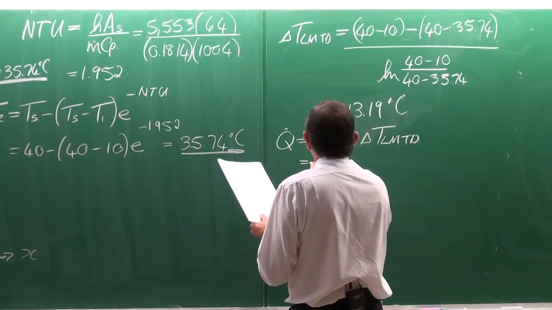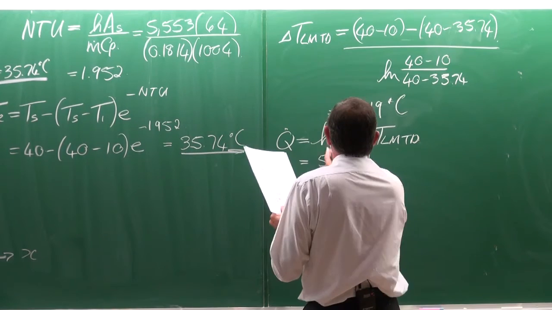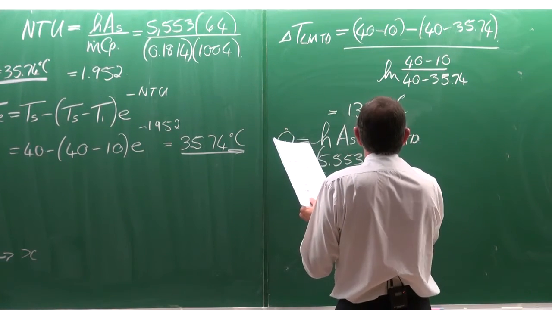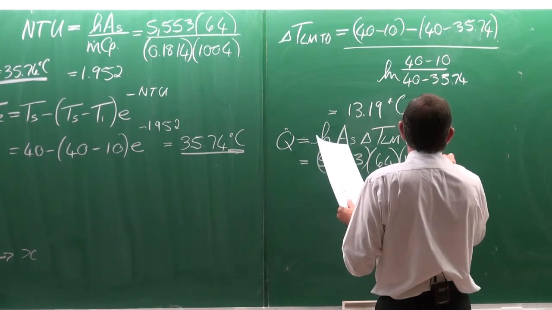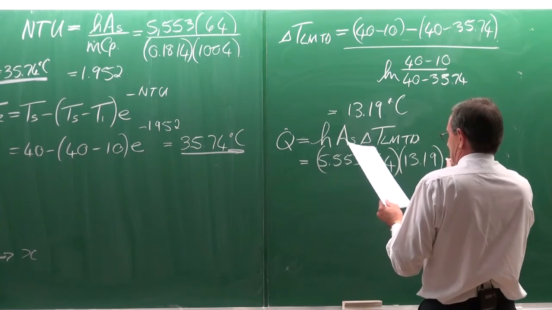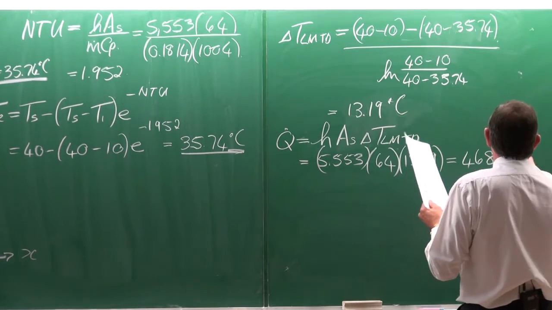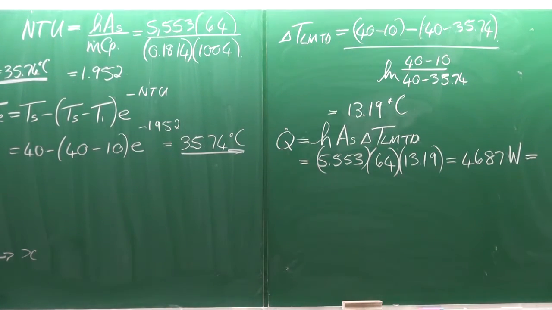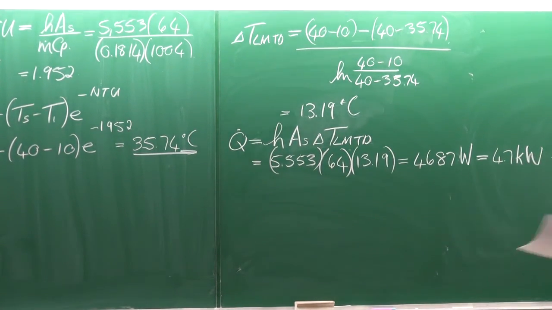It is equal to the heat transfer coefficient, which is 5.553, multiplied by the surface area, which is 64, multiplied by the LMTD, which is 13.19, and that gives us a heat transfer rate of 4687 watts. That is 4.7 kilowatts of heat.